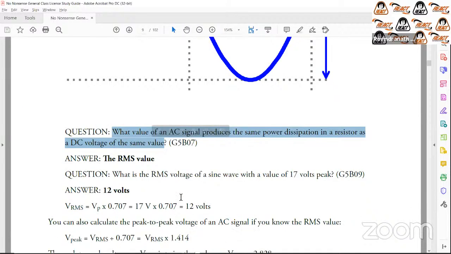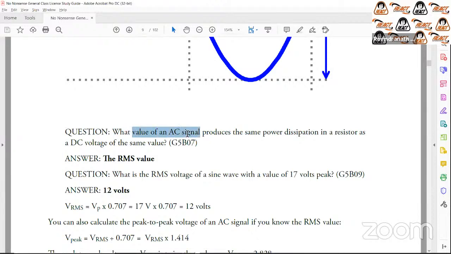What value of an AC signal produces the same power dissipation in a resistor as a DC voltage of the same value? We covered it last class, and we also talked about it during the Q&A today. But let's dissect the question still so that we can take the mystery out of it. What are they asking us?